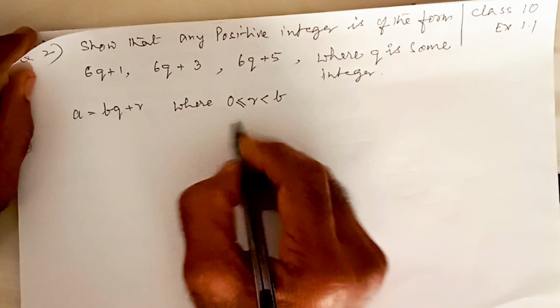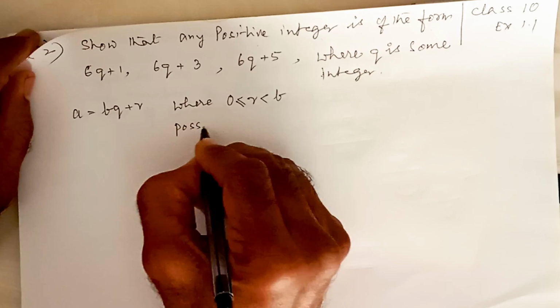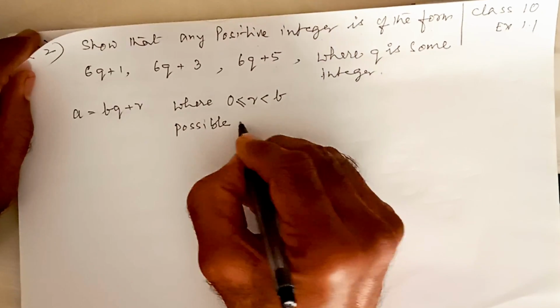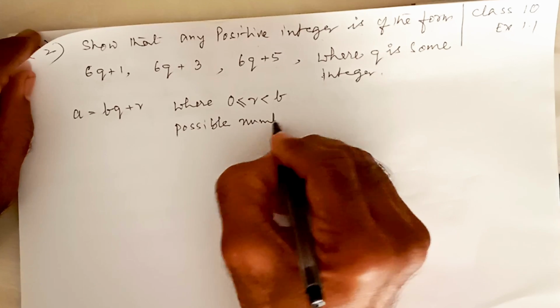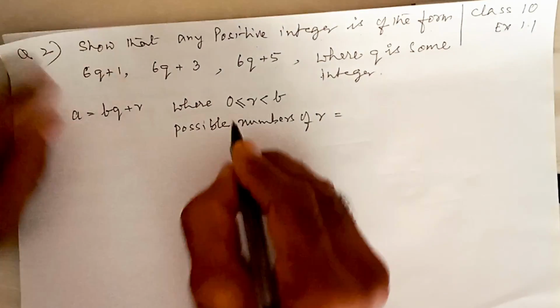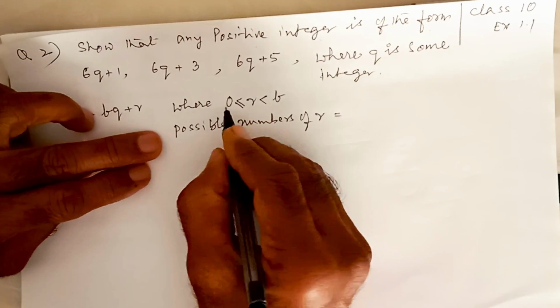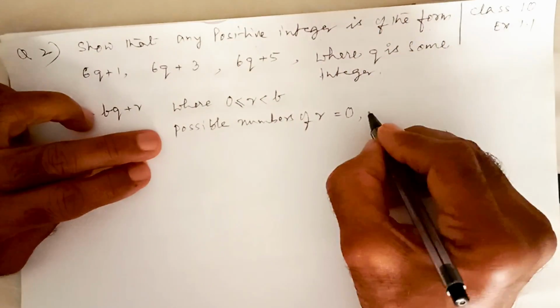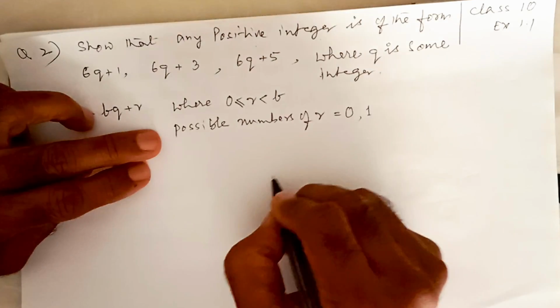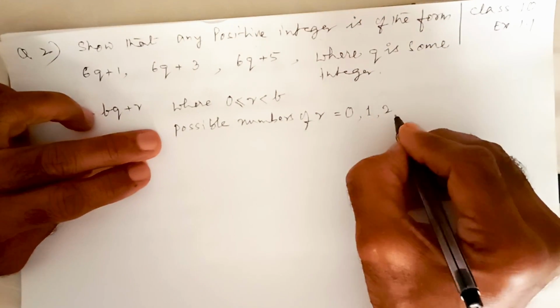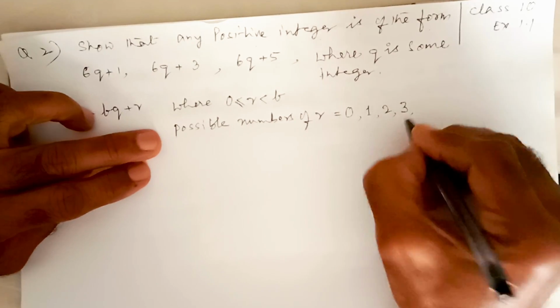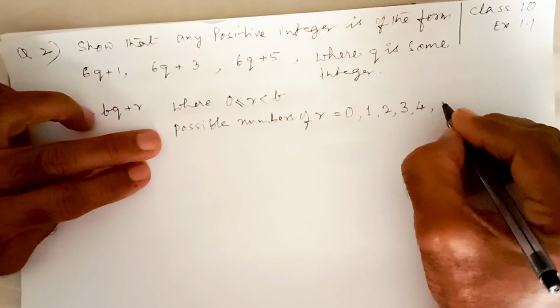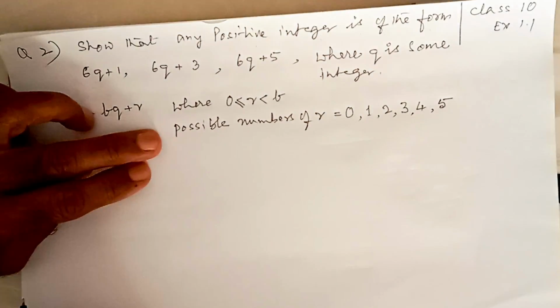Now, what are the possible numbers of r? Possible numbers of r, as we said, is equal to or greater than 0. So it can be 0, it can be 1, it can be 2, it can be 3, it can be 4, and it can be 5.